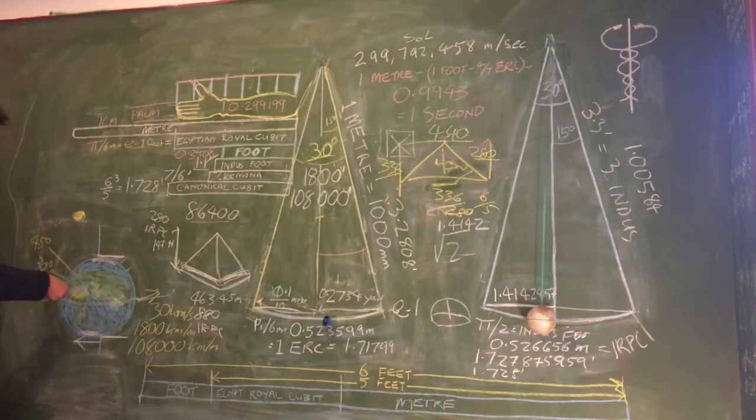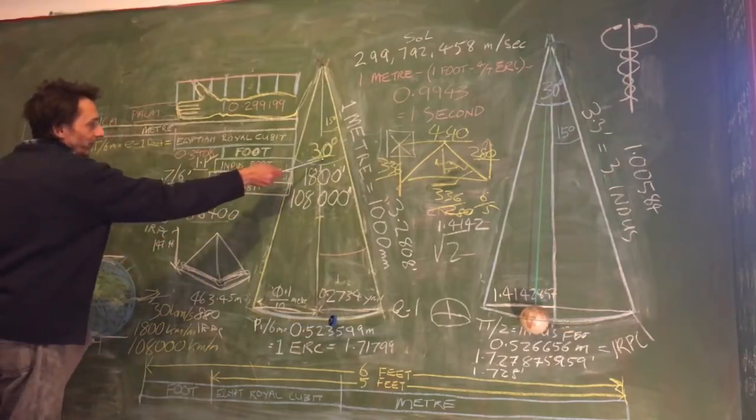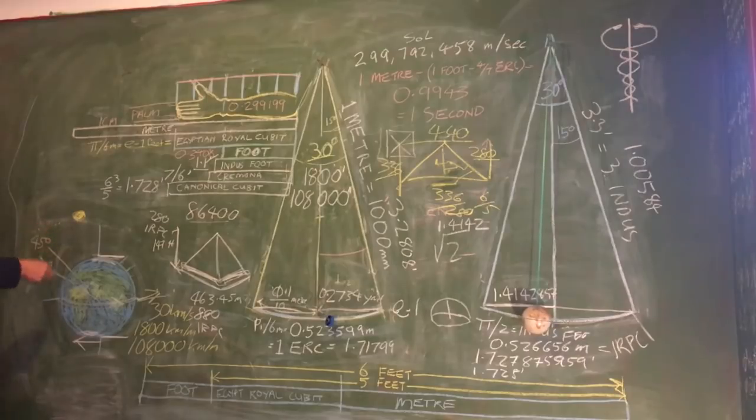So the equatorial circumference is a little bit more than the polar circumference, but we have the polar diameter, which explains this flattening. 30 degrees where the Giza Plateau is, which goes back to the speed and size, and it just goes on and on and on.